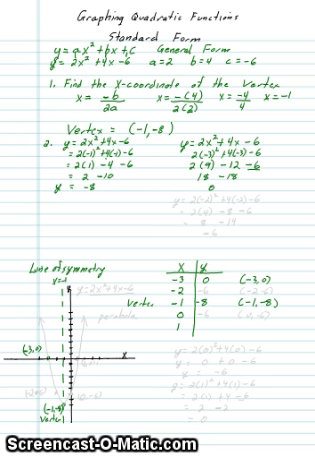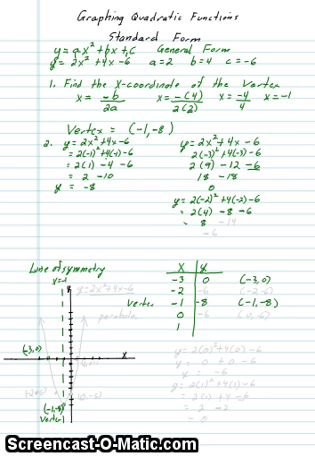Now I can do the same thing for -2. Substitute -2 in for x. And I solve. -2 squared is 4. 2 times 4 is 8. 4 times -2 is -8 minus 6.